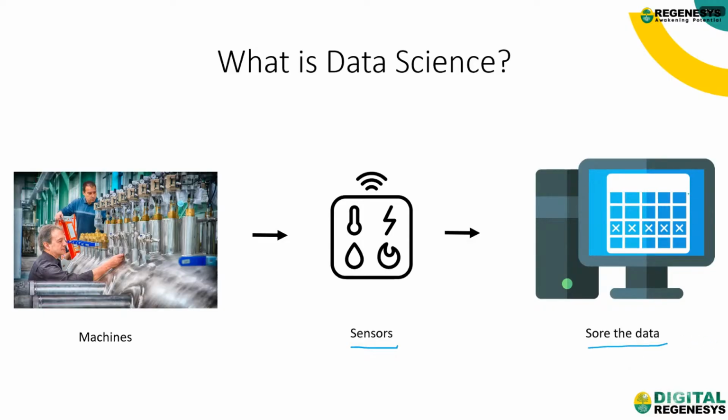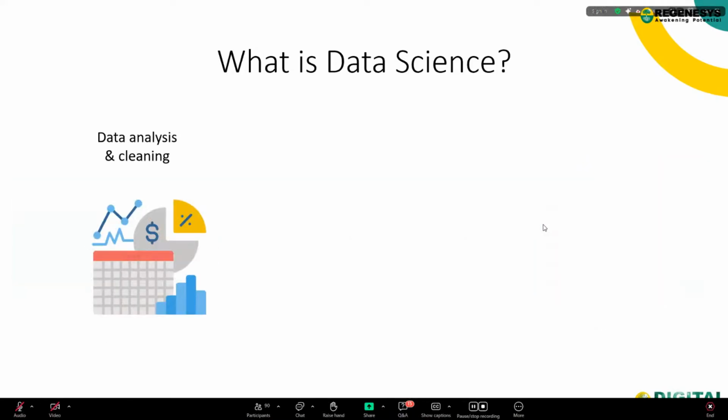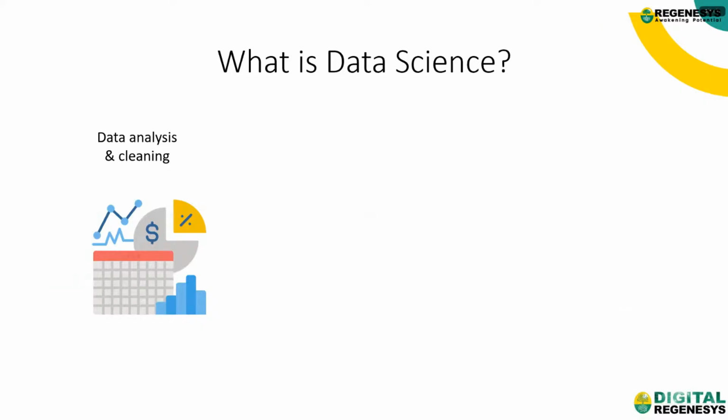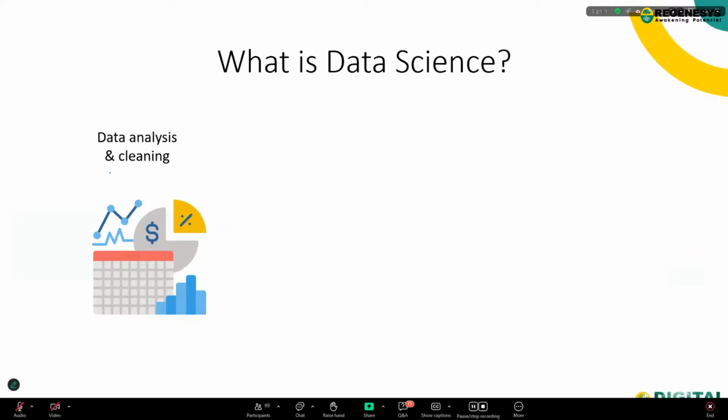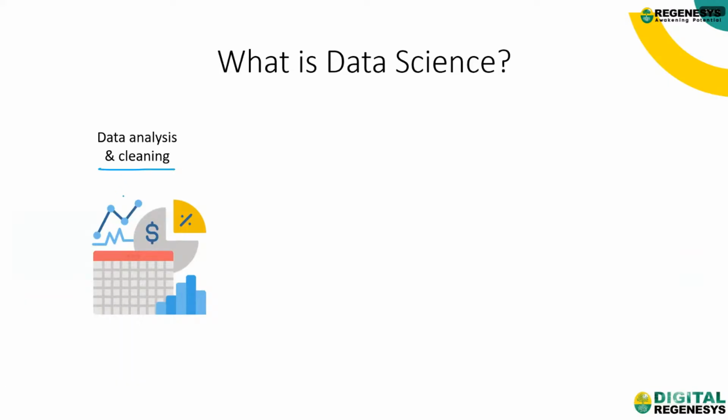So we have data where the machine was working perfectly, and we also have data points from when that machine breaks down. Got it? So usually we store this data in the form of tabular data, right? It could be an Excel file or maybe a database. Now, what data scientists will do is perform data analysis and data cleaning. Now, what does it mean?